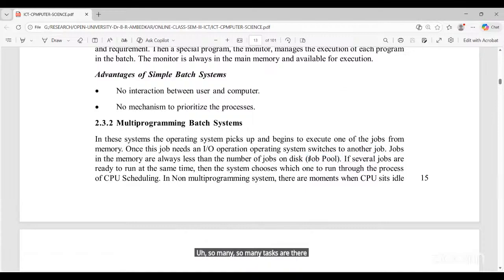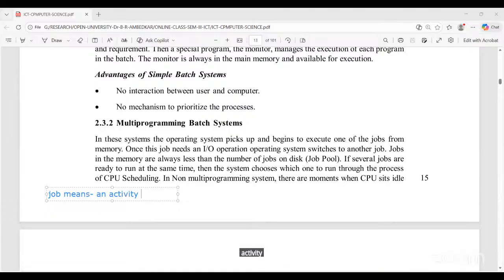Job means the work, an activity. You can say task.